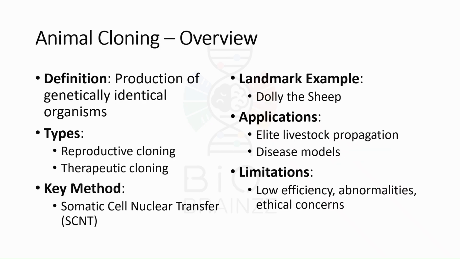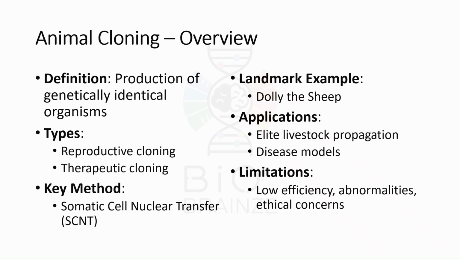Animal cloning means producing genetically identical organisms. There are two types: reproductive cloning to produce a whole organism and therapeutic cloning for medicinal uses. The main method used is somatic cell nuclear transfer (SCNT).